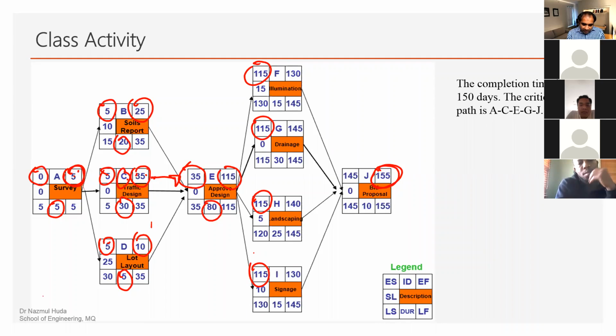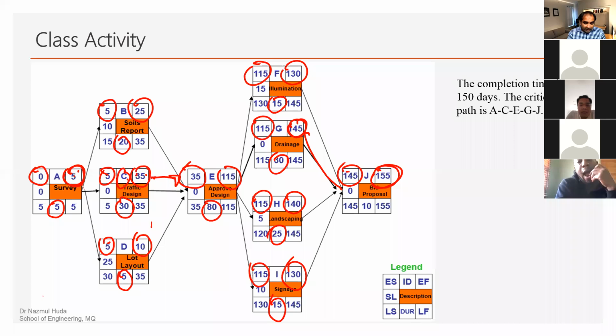Then we have the duration given for all, which helps us to identify the early finish time. Okay, then from here the highest is 145. So 145 is a critical chain.